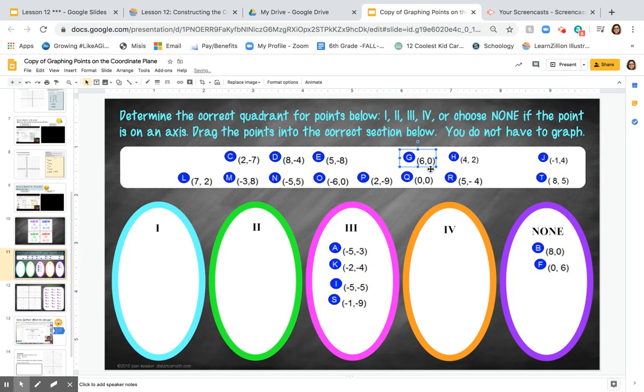This one as well. It's only going to move to the right because 6 is X and it's to the right of the origin, but it's not going to go up and it's not going to go down. So it's not going to be in a quadrant, so it's going to be in none. It's just going to be on the actual line, the x-axis.